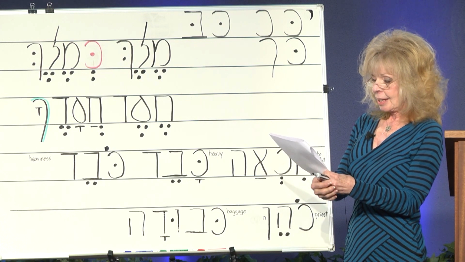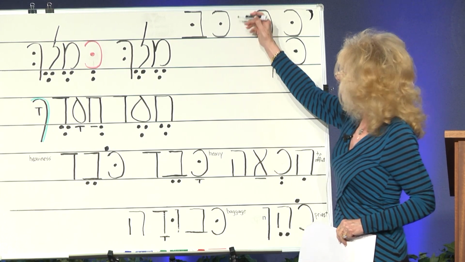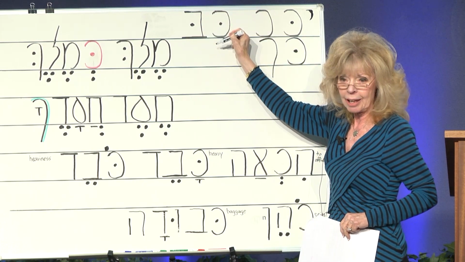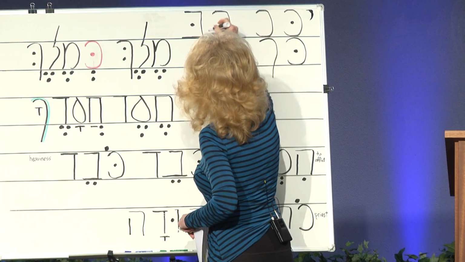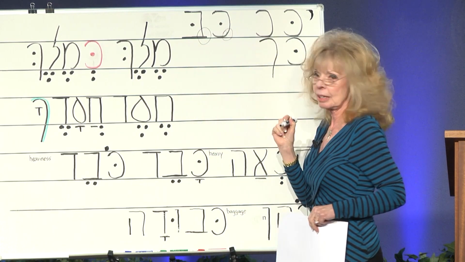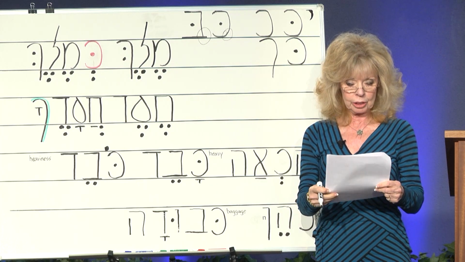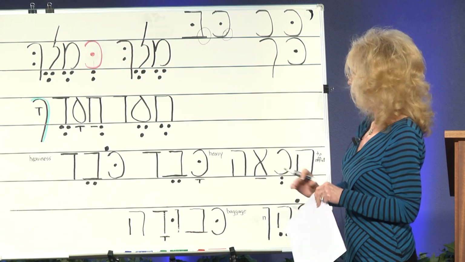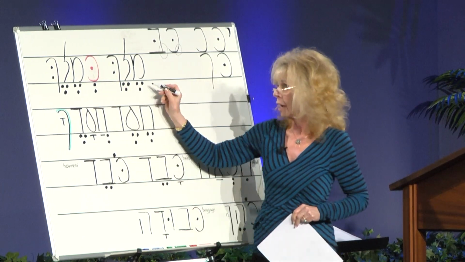Okay, so when you're reading, I just want you to notice that cough is curved and the bait is straight lines, okay? That's important to see. So notice the curved lines and the straight lines of cough and bait, because when you're reading along, they can look a lot alike.